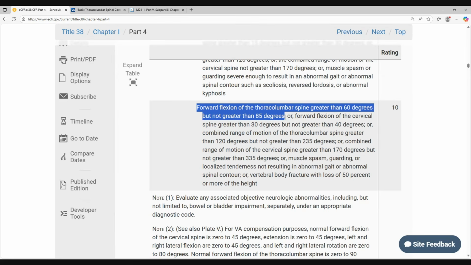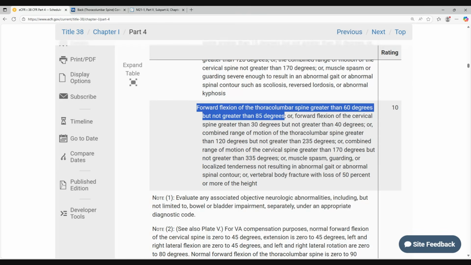The way you need to consider this is, if you were standing up against a wall, how far could you bend forward? That's what they care about in this particular section of the rating criteria. They don't care how far you can bend to the side, just how far you can bend forward. So you would actually need to get the degrees out and say, can I bend forward 60 degrees, or up to no greater than 85 degrees?